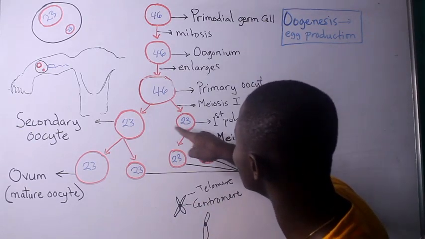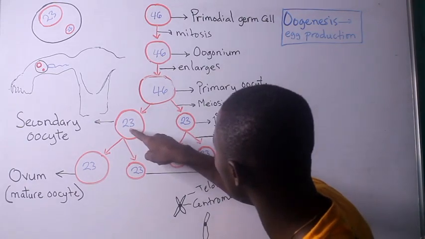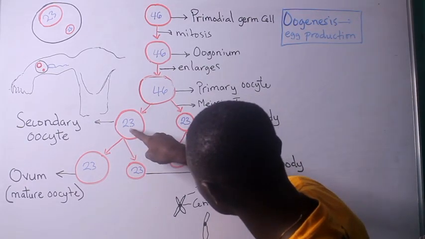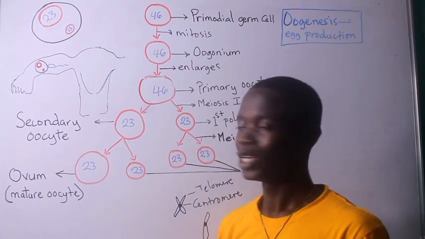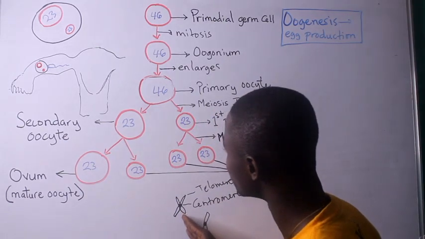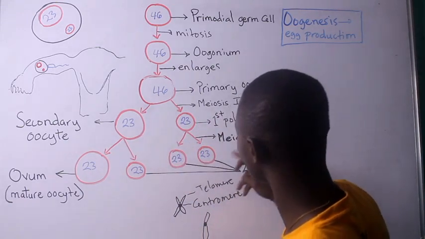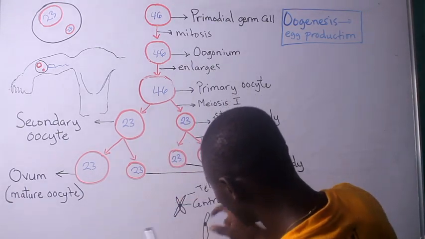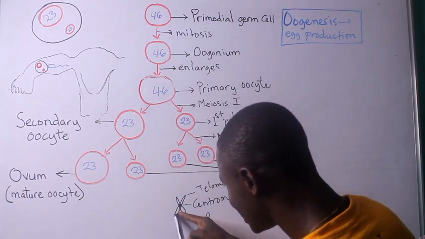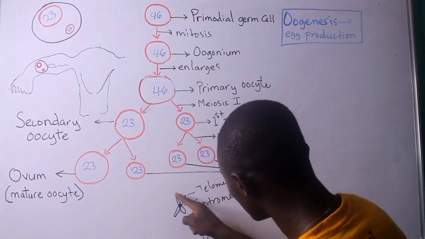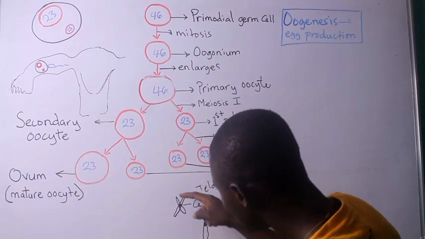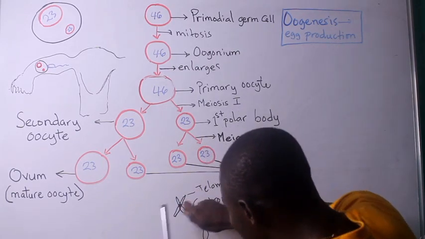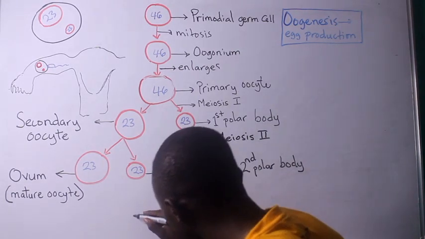So at the end of meiosis 1, you produce haploid cells, but the chromosomes are double-stranded. At the end of meiosis 2, the double-stranded chromosome separates into two sister chromatids. Whenever these sister chromatids separate, they form two chromosomes.